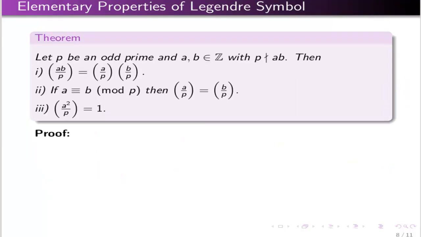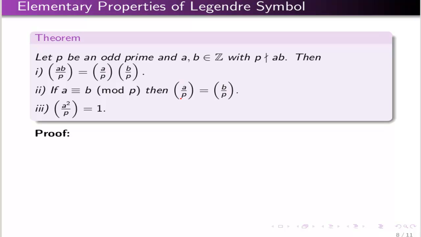Some elementary properties of the Legendre symbol. The first property tells us that it's a multiplicative function. So if we have the Legendre symbol of ab over p, this is the same as (a over p) times (b over p). Properties 2 and 3 are absolutely trivial. Property 2 just says that the value of the Legendre symbol depends only on the residue class of a mod p.